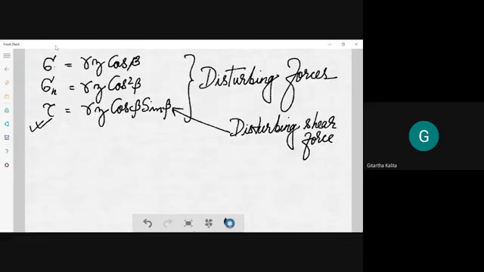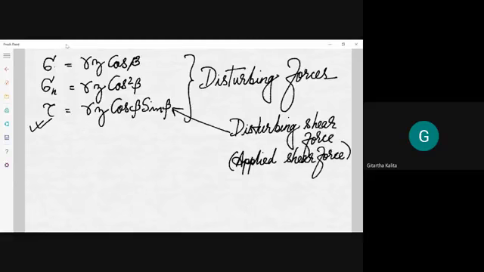Or we can say the disturbing shear force is the same as the applied shear force. That is the load that is being applied here. There is no other load present. So disturbing shear force, applied shear force, same thing.